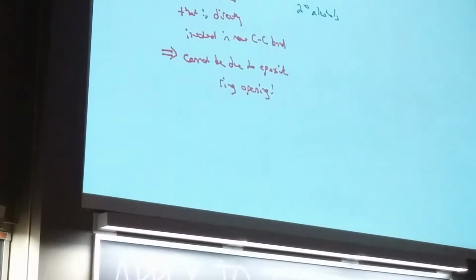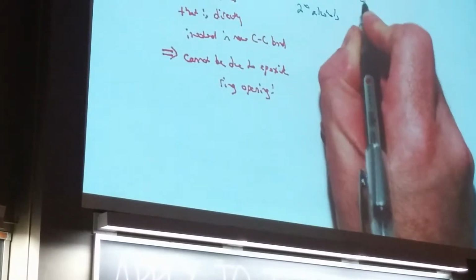Well, if you think back to what we talked about just on Thursday, we saw on Thursday that you can make alcohols via Grignard addition to an aldehyde or ketone.